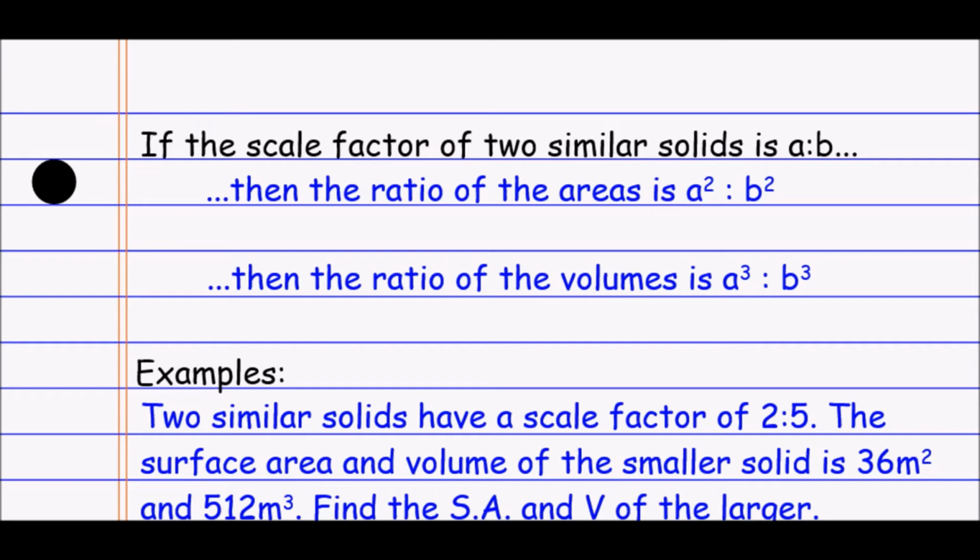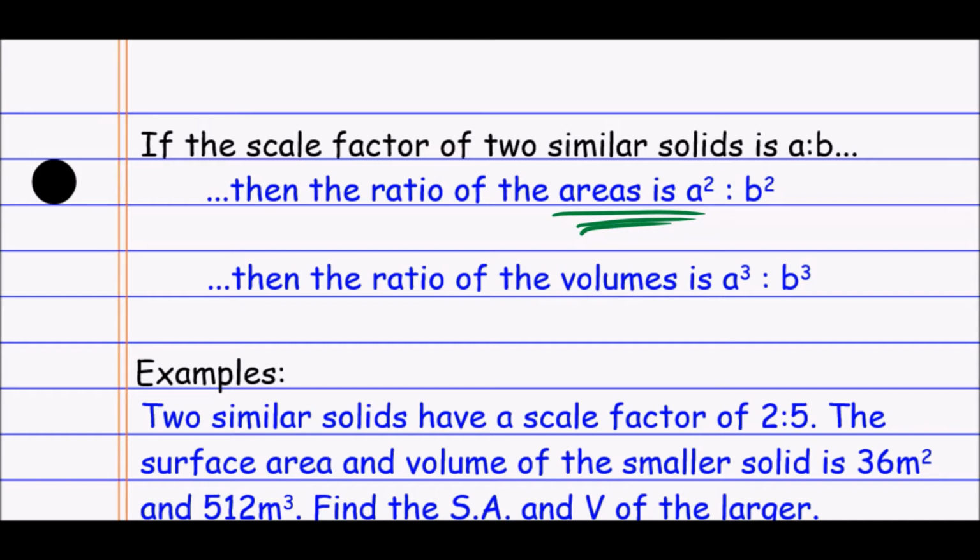Okay, and then when you look at the ratio of the sides versus the ratio of the areas, the ratio of the areas was the squared version of the ratio of the sides. So when we take that scale factor for the sides, if we square it, that gives us the ratio for the areas. And it's the same thing here. So that area thing that we already discovered with similar figures, that's true here for surface area as well. So when we're talking about similar solids, that still holds.